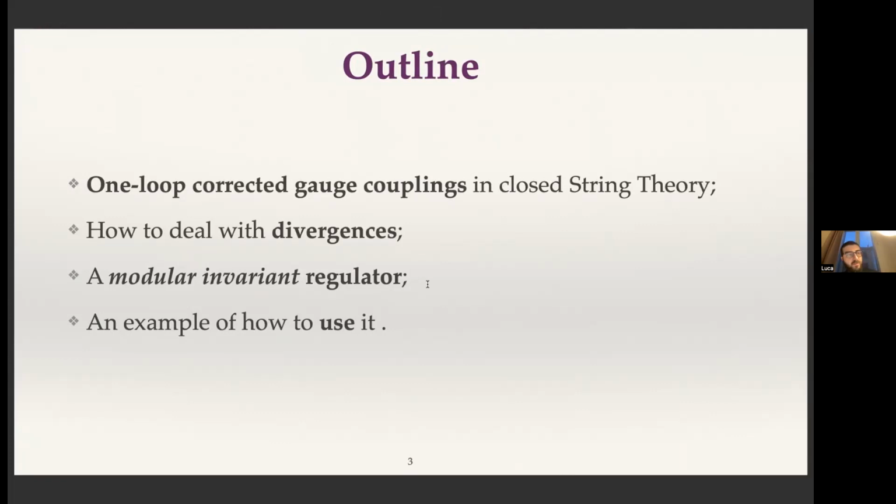I will explain a bit how to regulate these divergences. I will focus on a modular invariant regulator, which has been recently used in a paper by Steve and Keith. And later I will talk about an example, a famous class of compactifications, and we will see how to use this kind of regulator in practice.